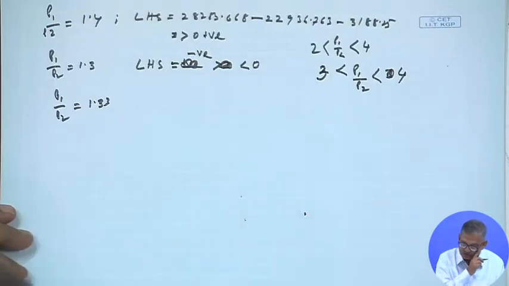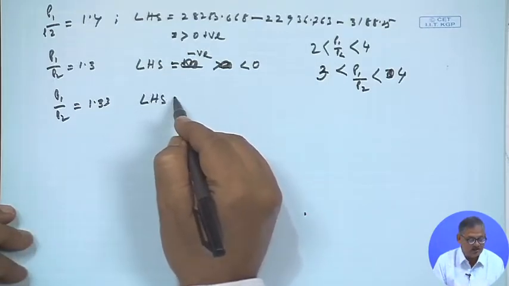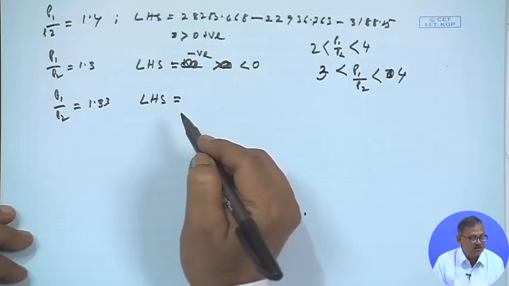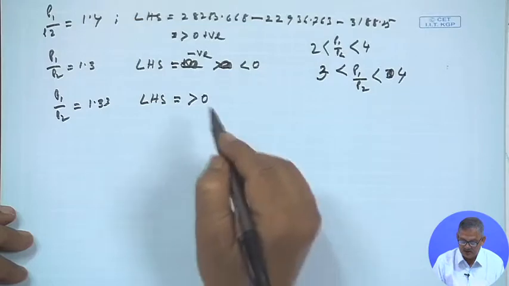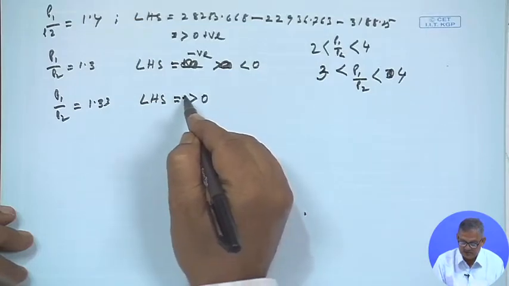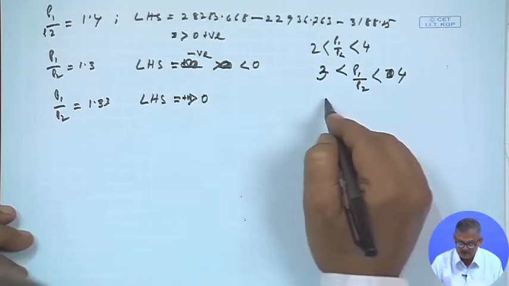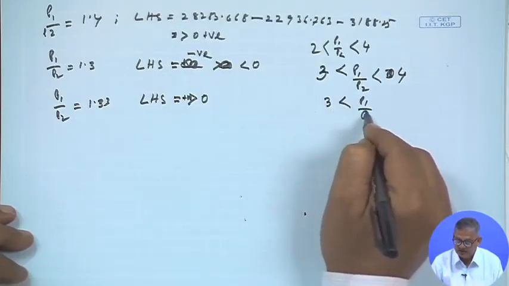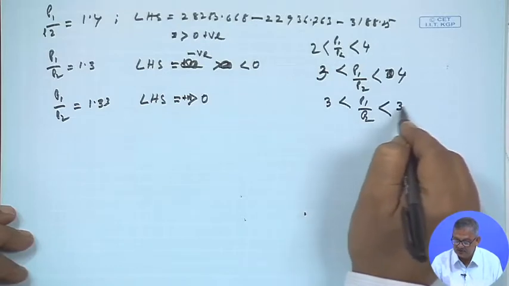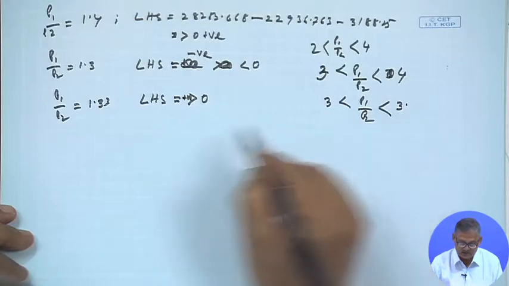So, if we take 1.33, then we will see left hand side this is greater than 0, right. This is positive and greater than 0. So, that means 3 less than P1 by P2 less than 3 point, or rather 1 point.